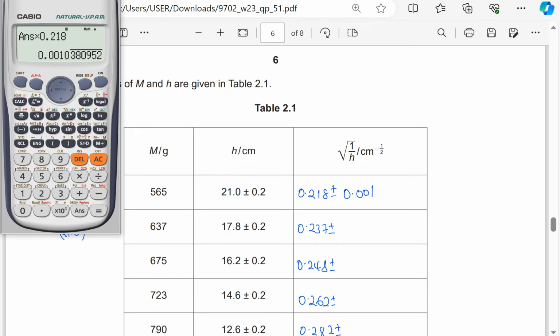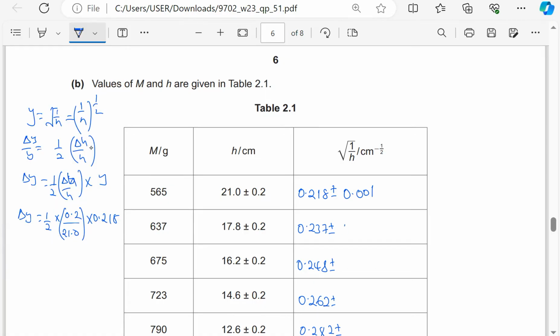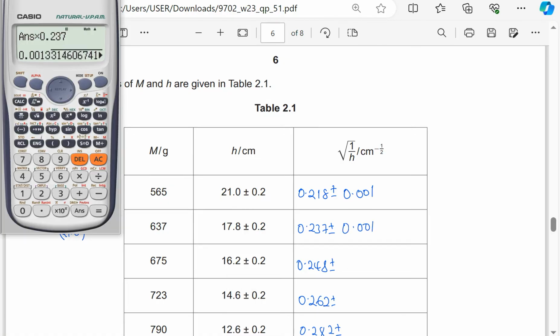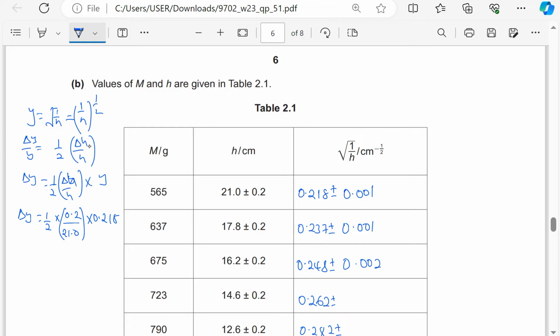So the next one is going to be 0.5 for a half times 0.2 divided by 17.8 times 0.237. So it is also 0.001. The next one is 0.5 for a half times 0.2 divided by 16.2 times 0.248. So this rounds off to 0.002.